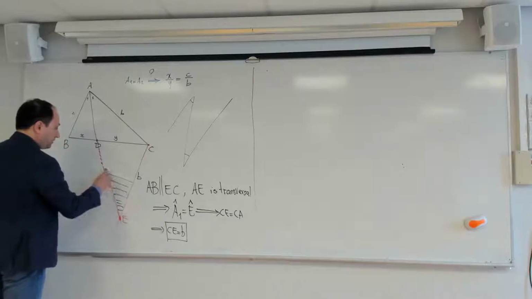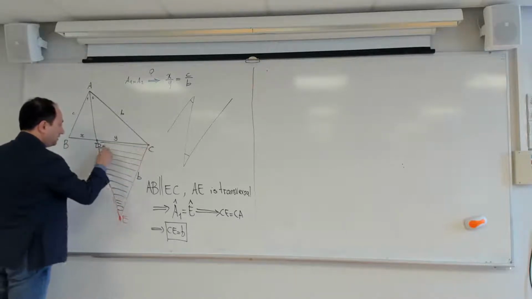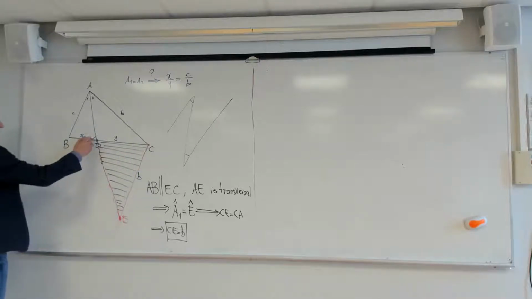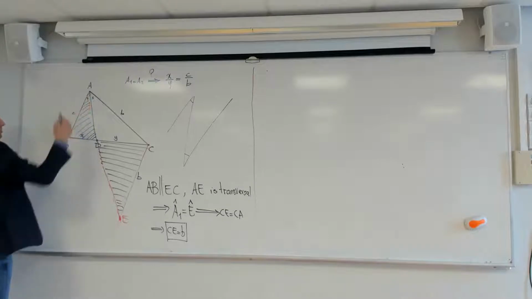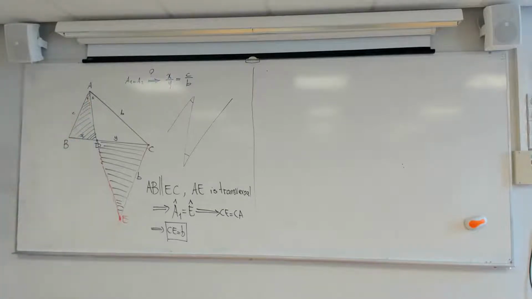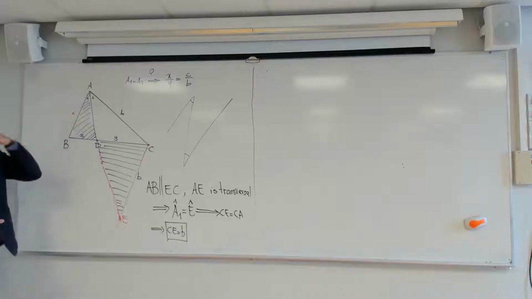Now I want to concentrate on this one and this one, and I'm claiming that these two are similar. For showing that these two triangles are similar, one of the more popular methods is the two-angle theorem. Of course, we just learned that E is equal to A1, so we don't have any problems.